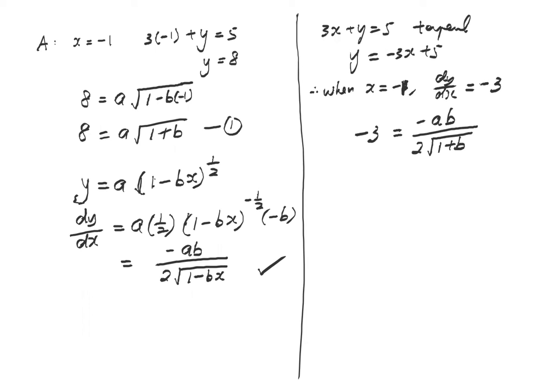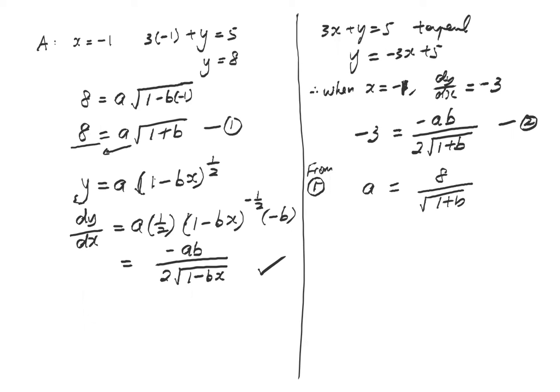Equation 2. So now I rearrange equation 1. From equation 1, I have A equals 8 over square root of 1 plus B. I bring this over, correct?